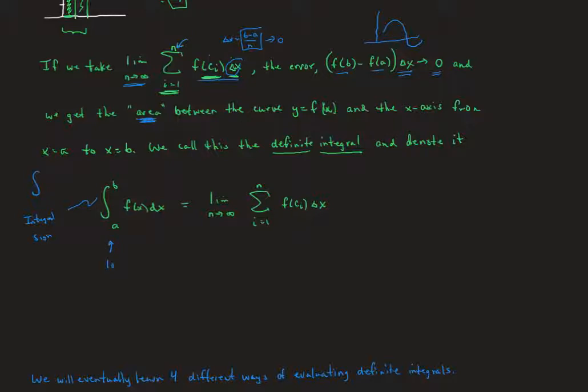This a is the lower limit of integration, and this b is our upper limit of integration. Whatever we have here, our function, is called the integrand. And this dx we'll call our variable of integration. It's communicating whether we're integrating with respect to x, y, or t.